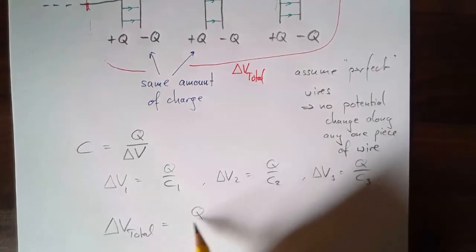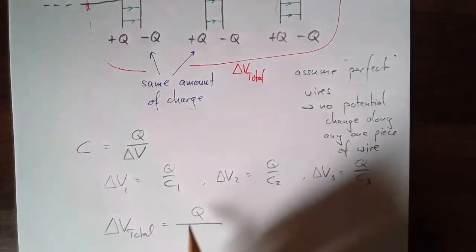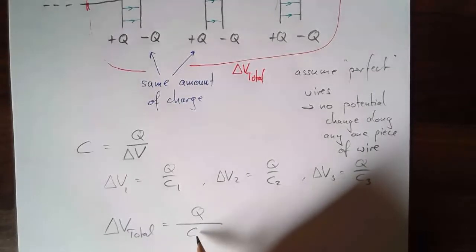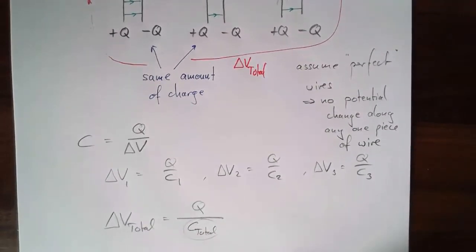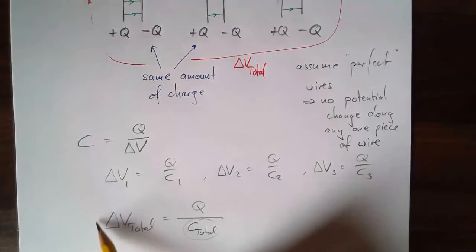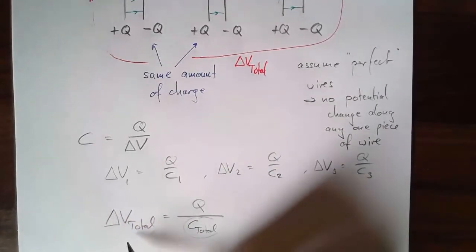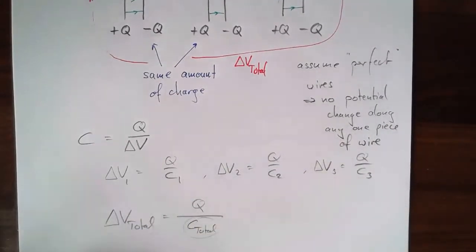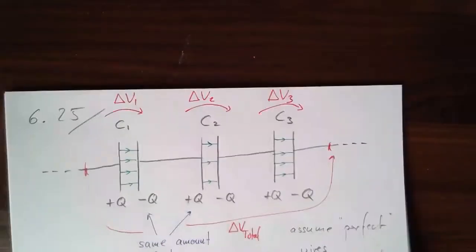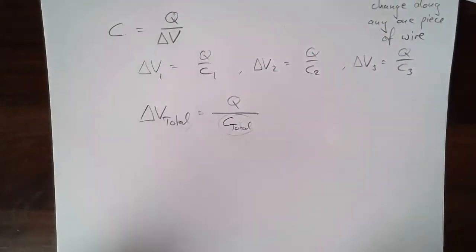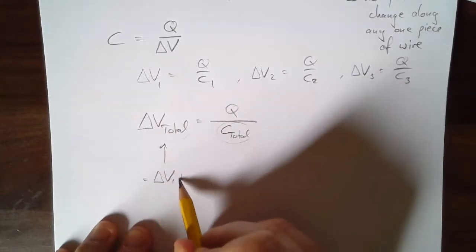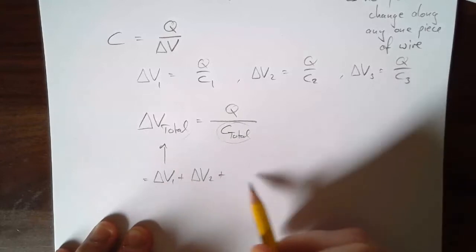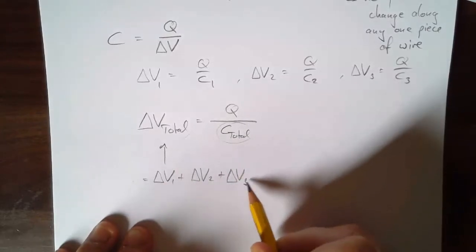Well, it's going to be Q divided by the total C, the combined C. That's the thing I want to find. And of course, the total potential difference is going to be the sum of the individual potential differences. This is equal to delta V1 plus delta V2 plus delta V3.